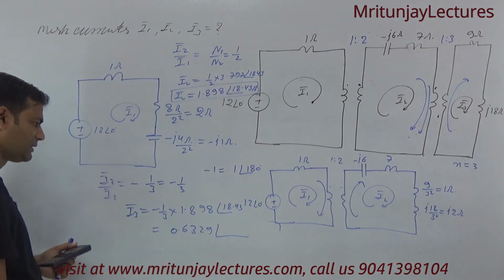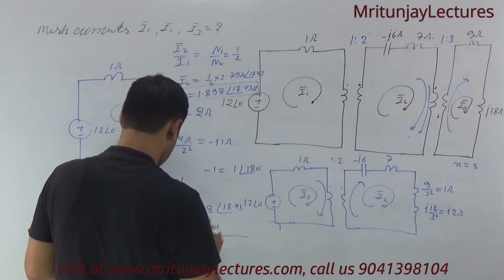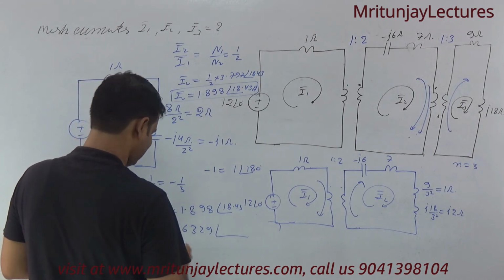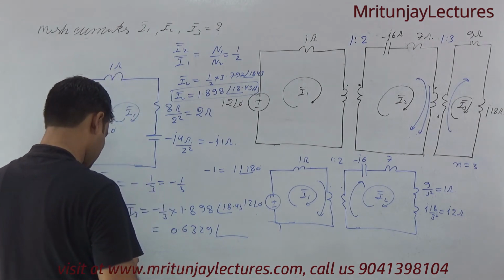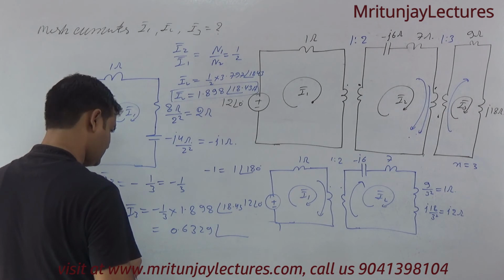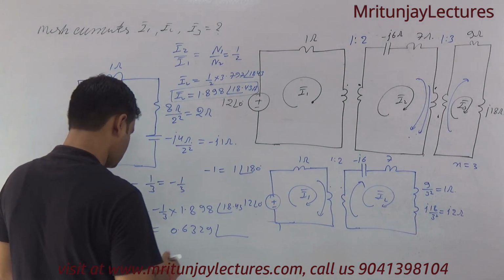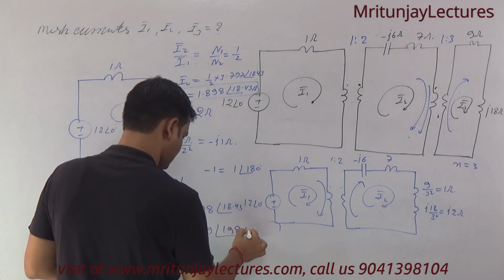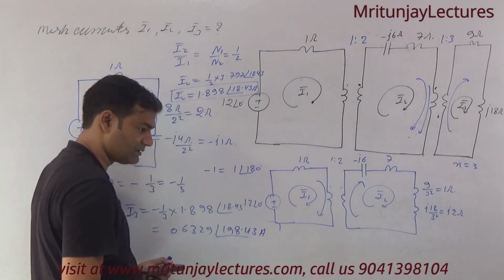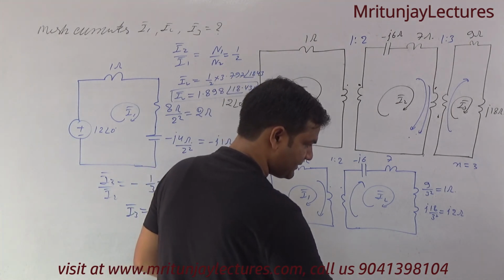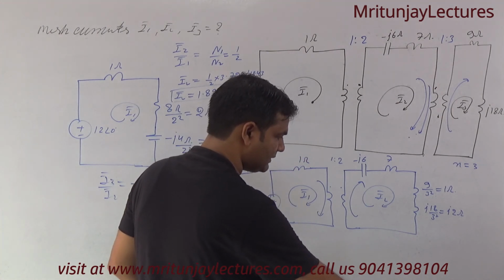Okay, so 180 plus (minus 18.43), we got 161.57 ampere. This is the final answer. Okay, we got I1, I2 and I3.